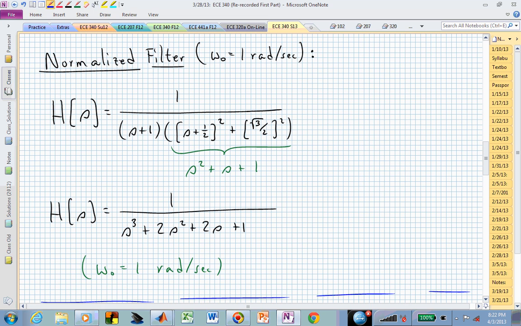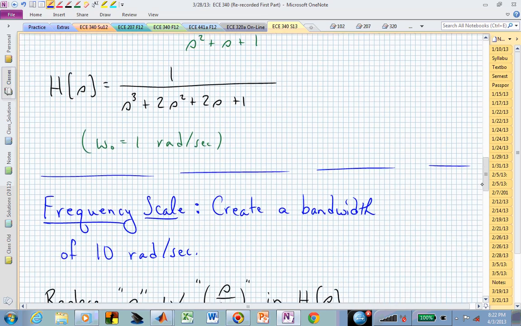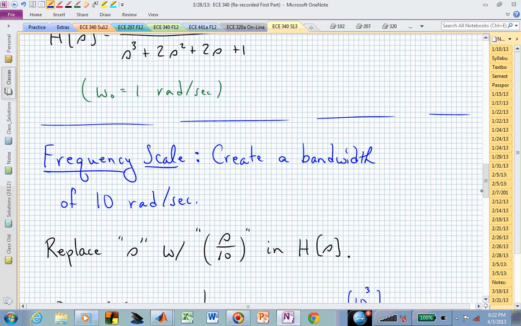Now, we usually are not going to be always living with a bandwidth of 1 radian per second. We need to be able to create filters of any bandwidth that we might want, and that involves frequency scaling.